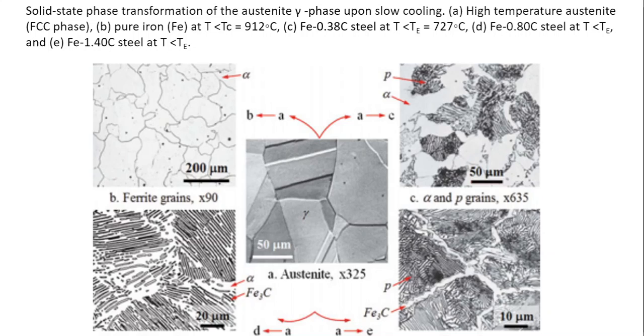Then this particular micrograph corresponds to a hypoeutectoid steel containing 0.38% carbon, and the temperature is below the eutectoid temperature of 727 degrees Celsius.